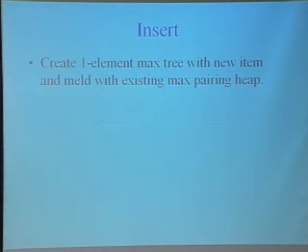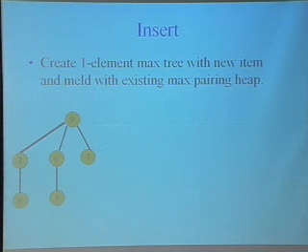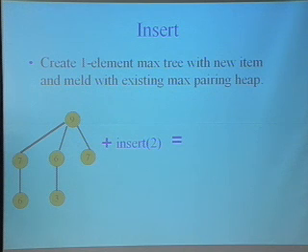So look at insert, very much like how you might insert in a Fibonacci heap. You create a 1 element max tree like you would out there, and then you do a meld. So if that's my existing max tree of Fibonacci heap, I want to insert a 2, I'll create a node that has the 2 in it, and then do a compare link operation.